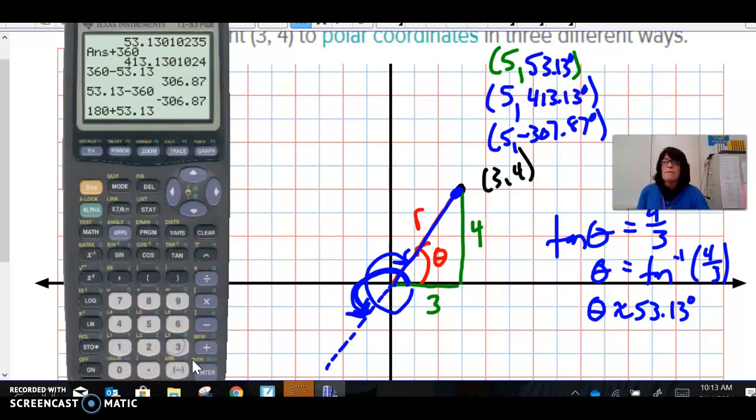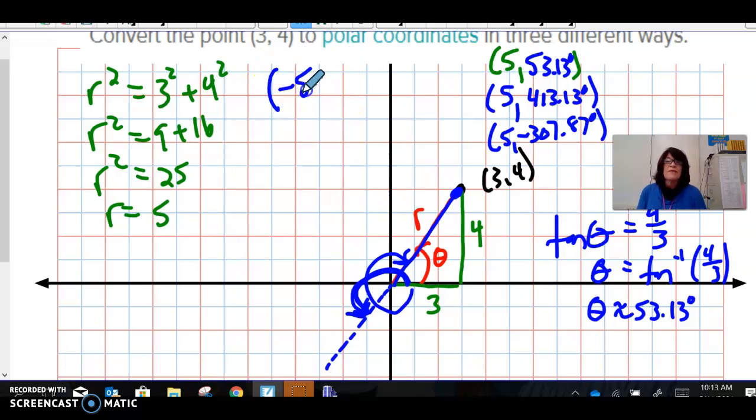That is 233.13. What I can say is negative 5, 233.13. What that means is go 233.13 degrees and go wherever that angle is, you're going to go in the opposite direction 5. Okay? So instead of going 5 this way, I'm going to go 5 this way.